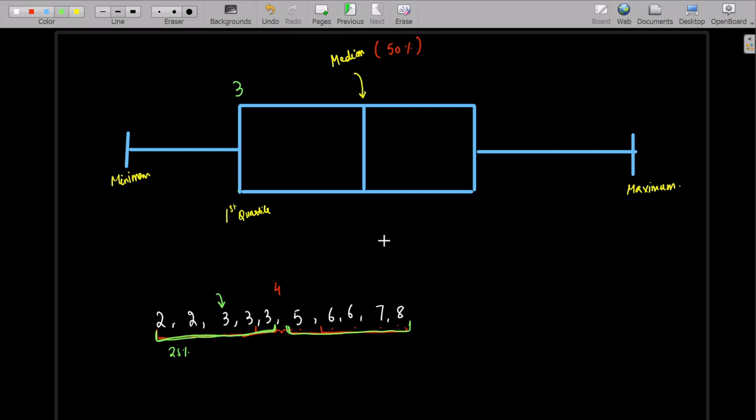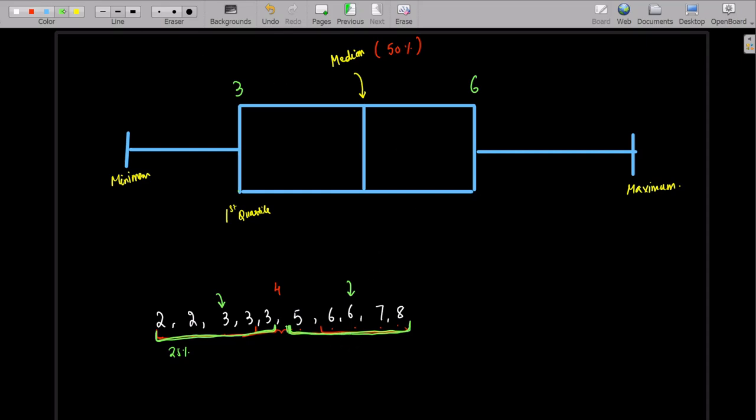and on the right side you will have 75% of the values. Then if you find out the median of the second half, it will be 6. So this number is 6, and this number divides the data set so that 75% of the values will be on the left side and 25% will be on the right side.